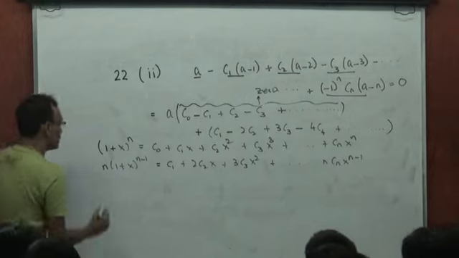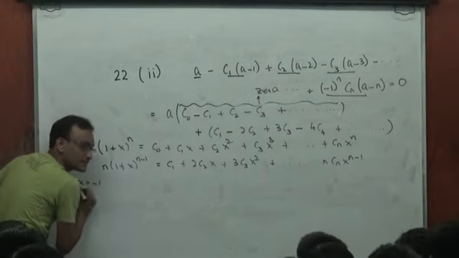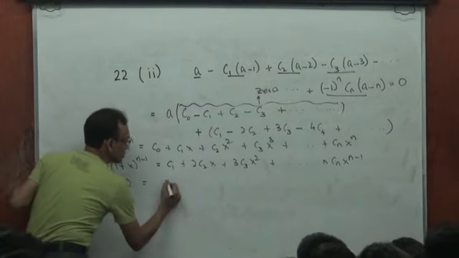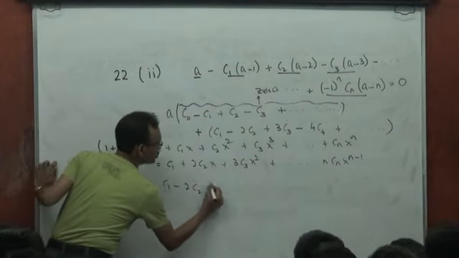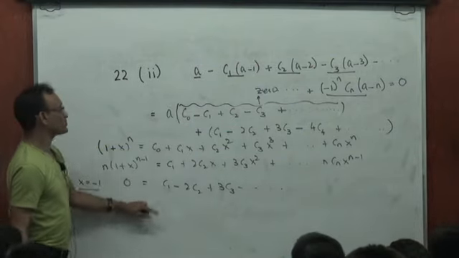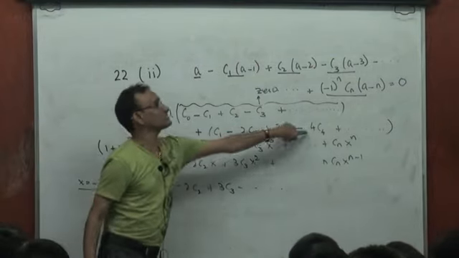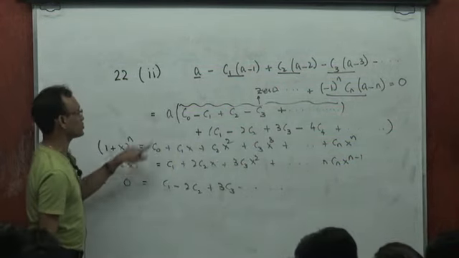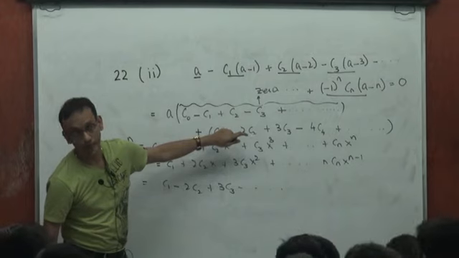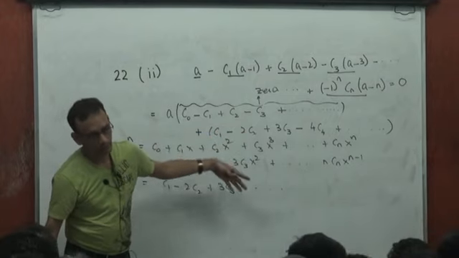Yes or no? Put x equal to minus 1 on both sides. You get 0 equal to C1 minus 2C2 plus 3C3 minus so on and so forth. Yes or no? So C1 minus 2C2 plus 3C3 minus 4C4, that's also 0. So this whole thing turns out to be right. Simple.